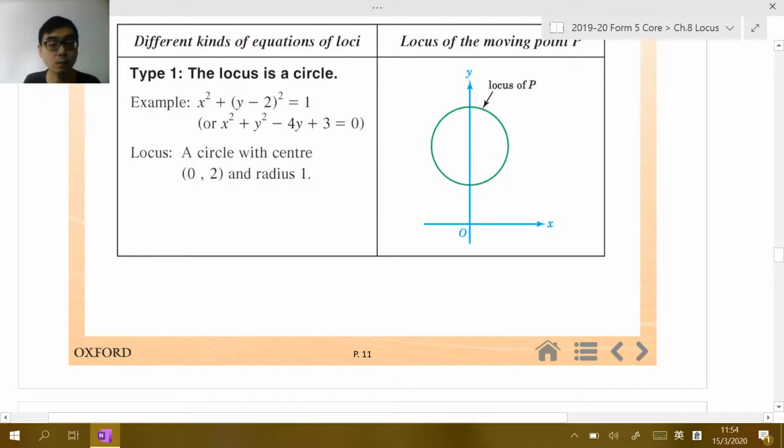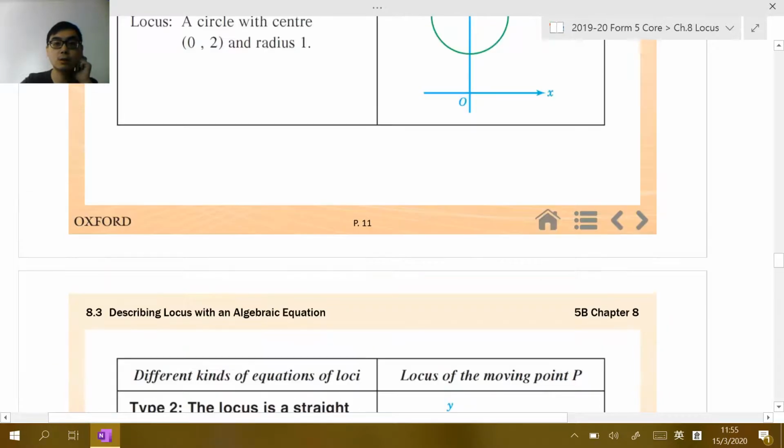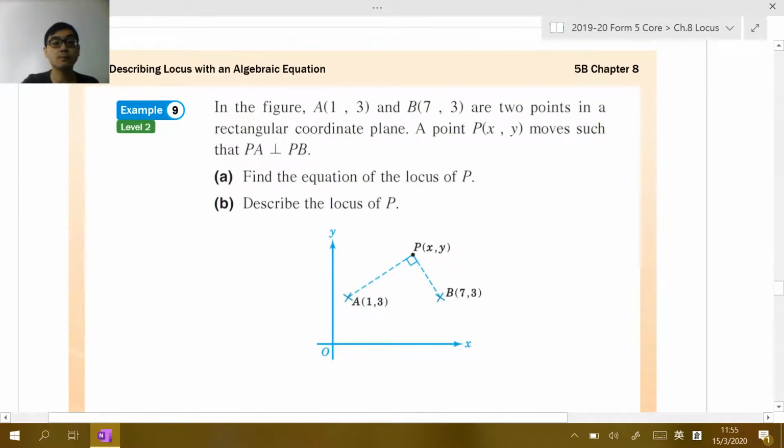We will just ask you simple figures, like circles and straight lines, including perpendicular bisectors, angle bisectors and parallel lines, and also parabolas only. So we will just focus on these three: circles, straight lines and parabolas.